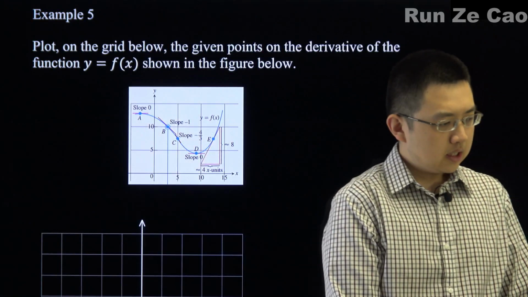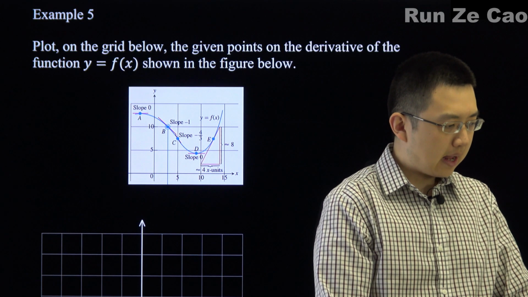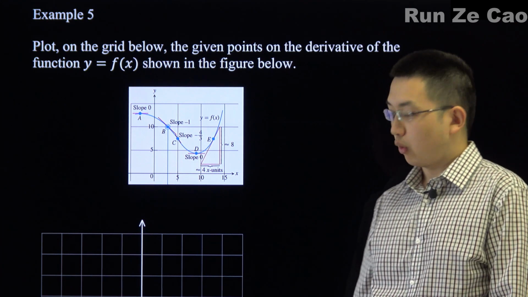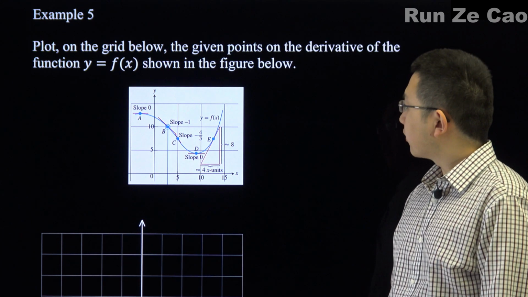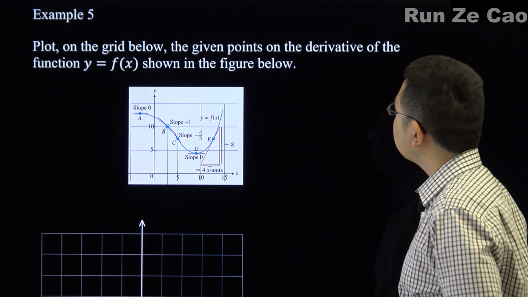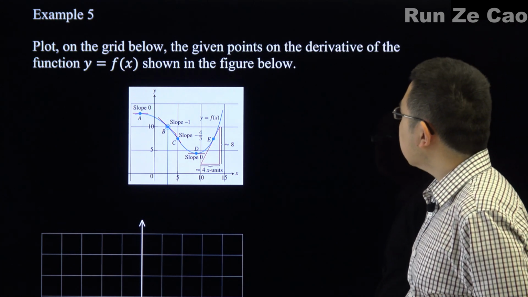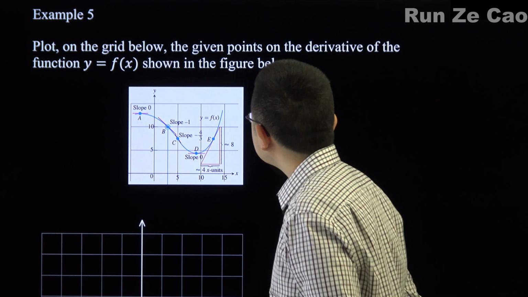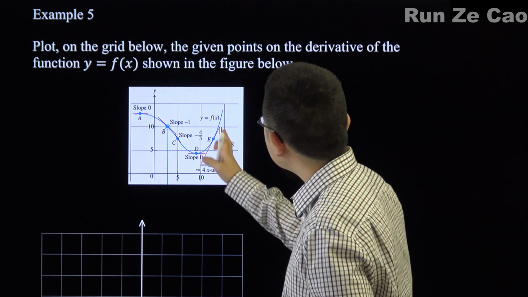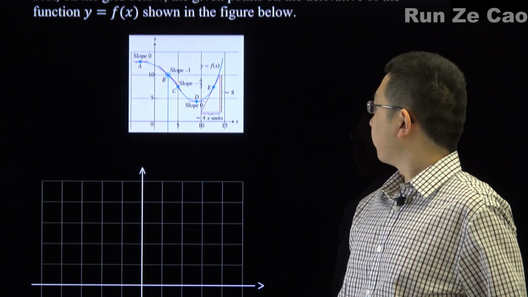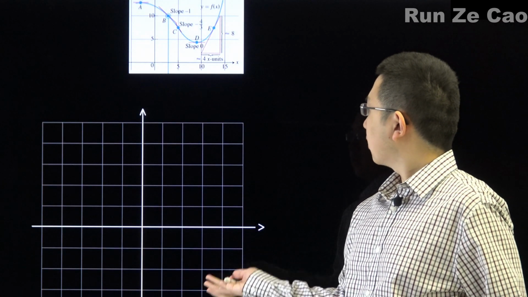Okay. Here we have a function. We have a graph. We have certain points on it that have slopes that are marked out for us. And we need to plot these points. So here, okay, let's say that's 13 or 12.5 maybe. So we're going to plot this on this graph.